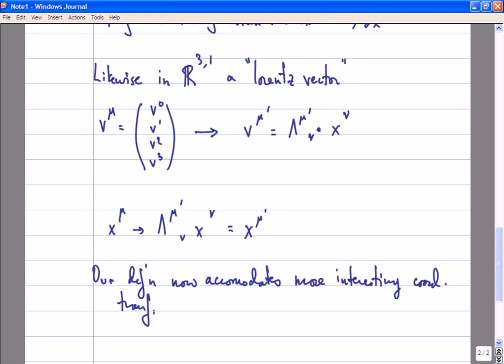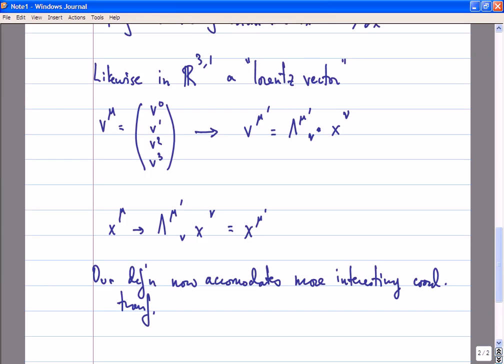In particular, it accommodates the sorts of coordinate transformations that involve acceleration rather than just boosts, which, of course, are the sort of coordinate transformations that, by the equivalence principle, are going to be interesting in our description of gravity.